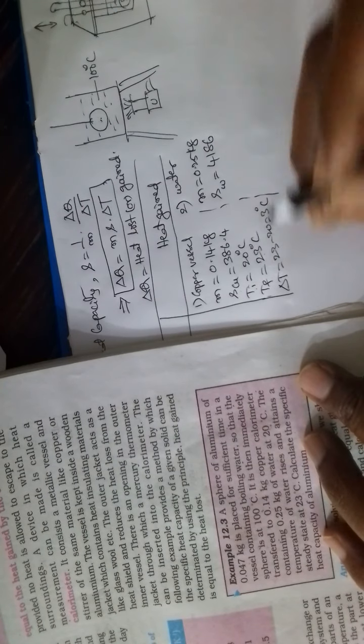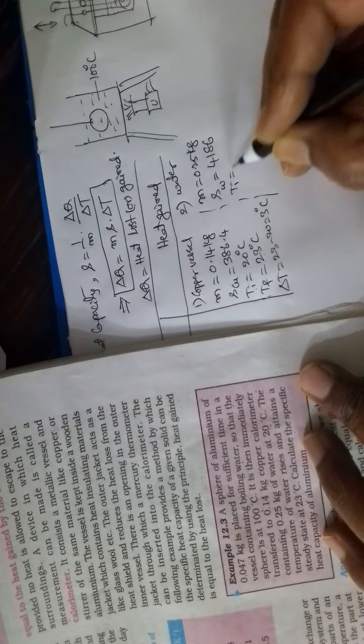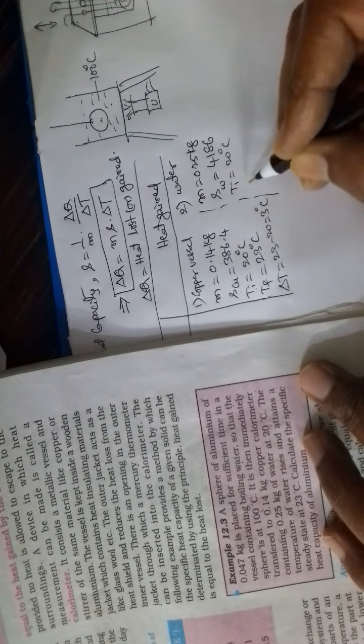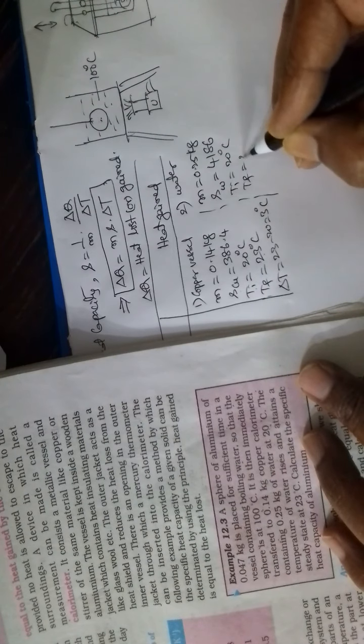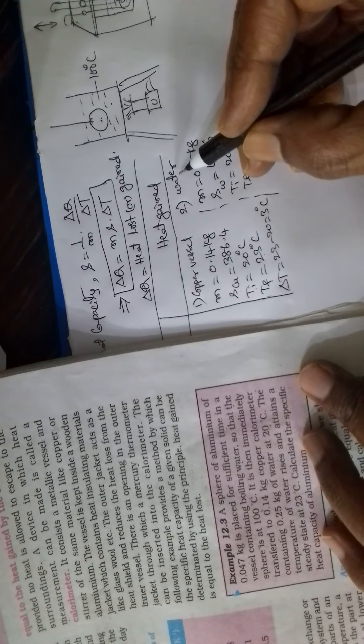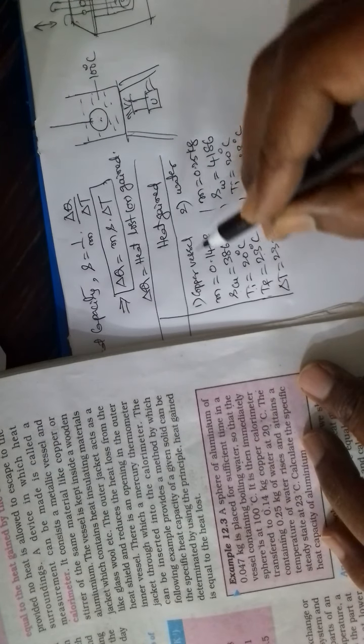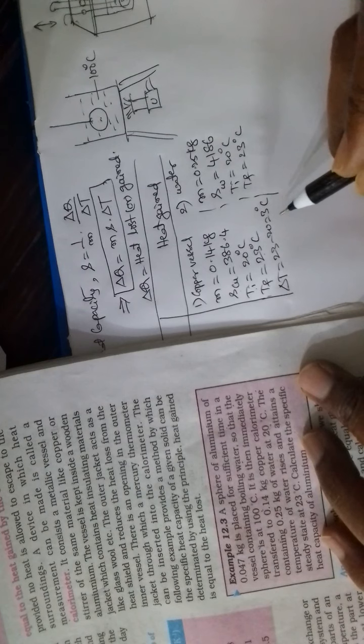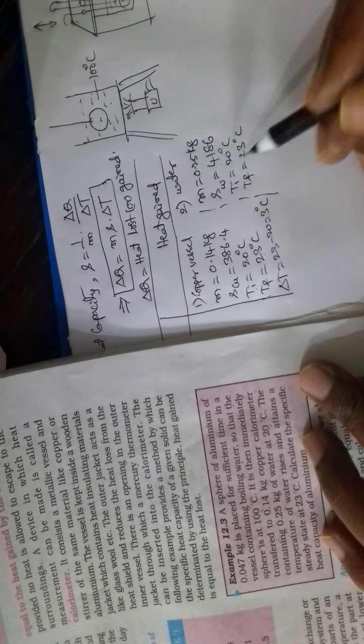Next, temperature T_i, same values. Why same values? Because water is contained in the copper vessel. Therefore, both will have the same temperature.